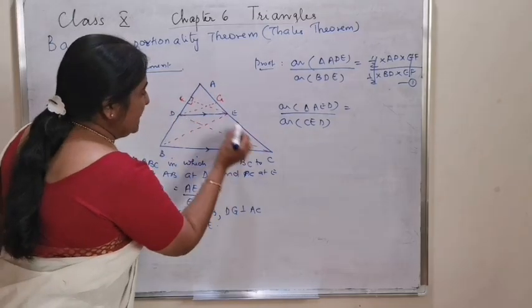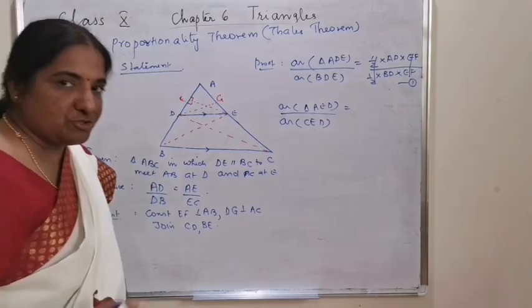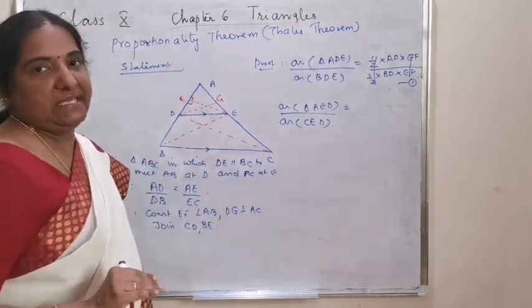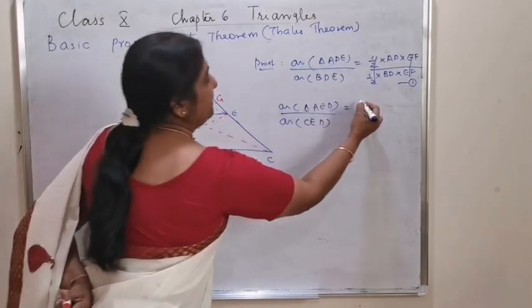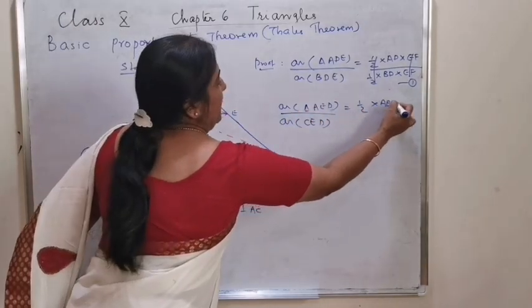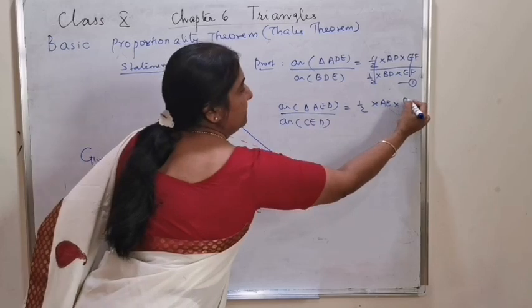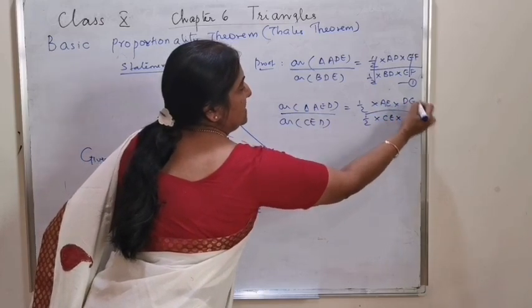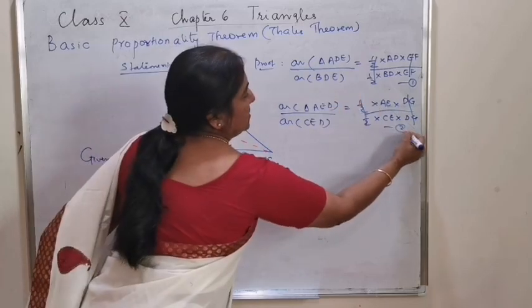Similarly, triangle DCE you can see as an obtuse triangle. The altitude is DG itself, to the side CE extended. Half into AE into DG divided by half into CE into DG, equation number 2.